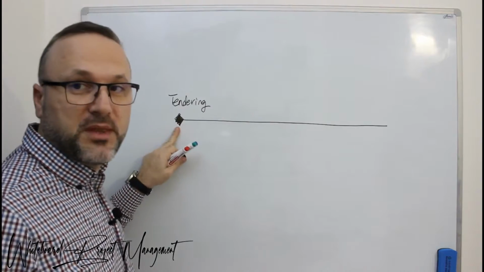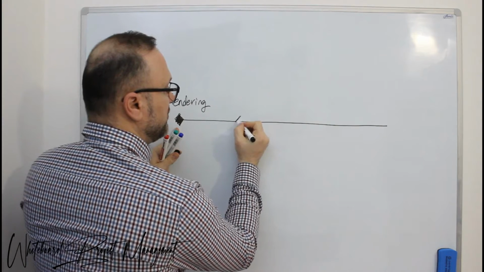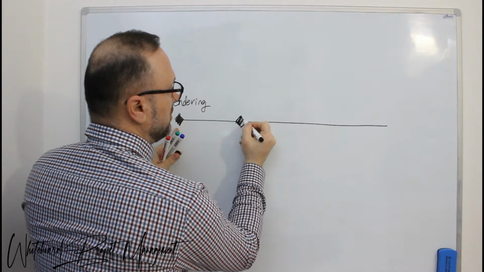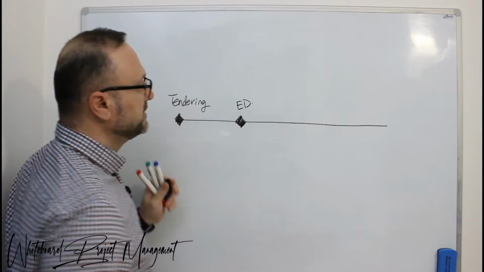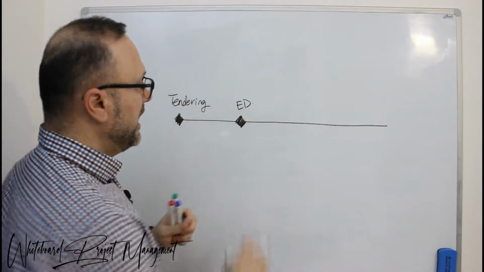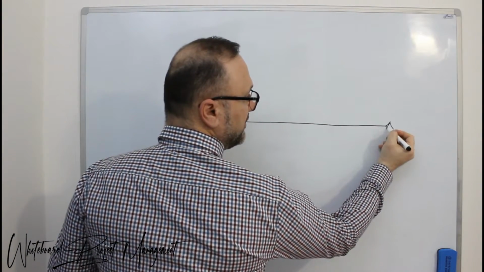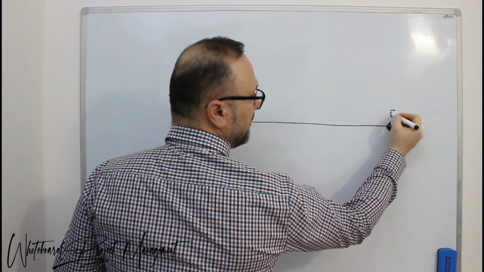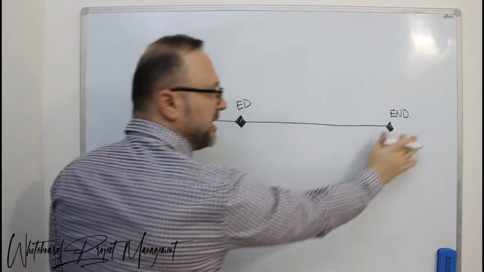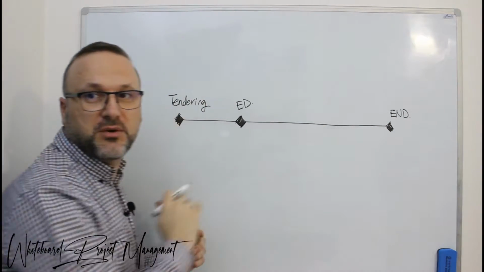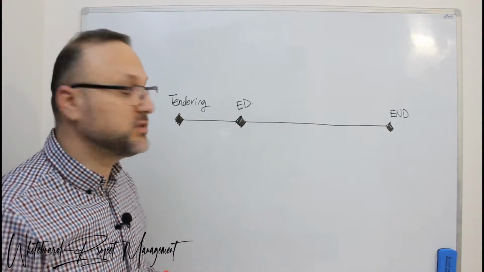The tendering starts with a milestone over here, and then for a period of time you have started your effective date of the contract, and from the effective date of the contract up to the completion, the end is here. So let's explain through this life cycle of the contract what are the bonds and guarantees required.